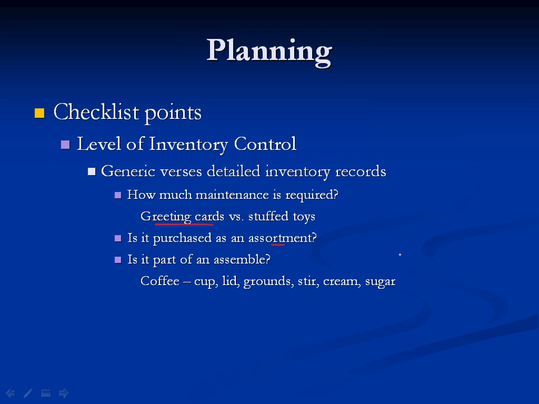But if what you're trying to do is to see what you're selling and what you're going to repurchase, it doesn't matter if one of those 6 sells better than the others. If the assortment is selling well, you're going to buy the assortment again, and the individual bookmarks are irrelevant. So you might want to just create one record that represents the assortment and not everything that's in it.